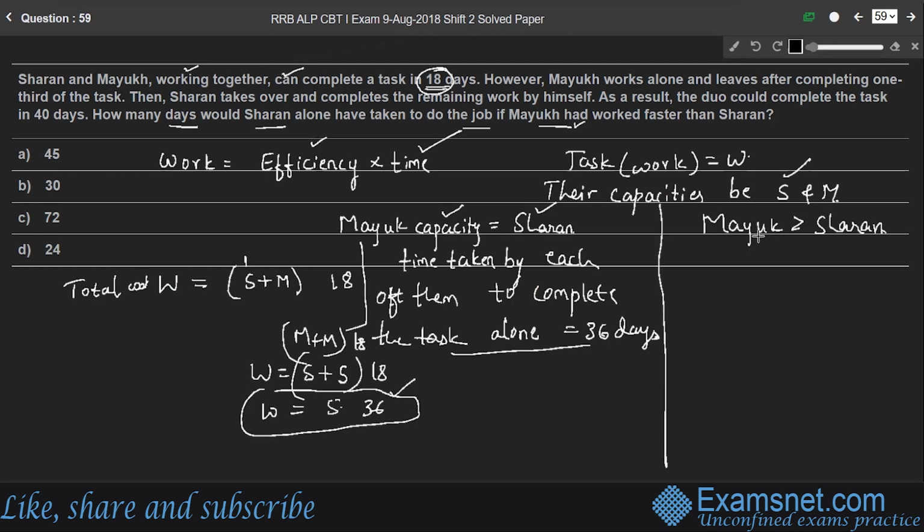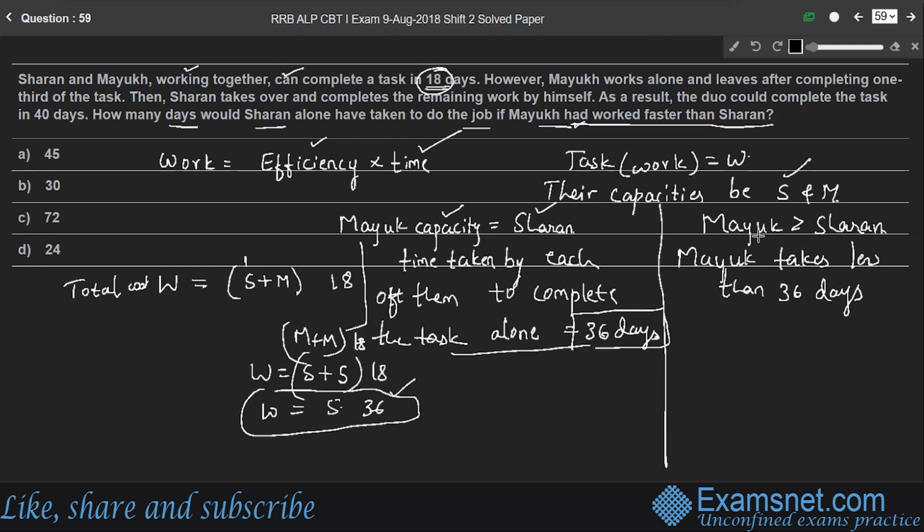If Mayuk's capacity is greater than Sharan's, it is given that Mayuk had worked faster than Sharan, meaning his capacity is greater. If his capacity is greater, he takes less time. So Mayuk takes less than 36 days, since if their capacities are equal, individually they take 36 days to complete the task alone.